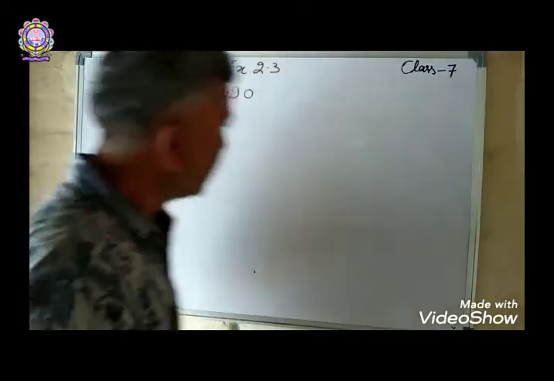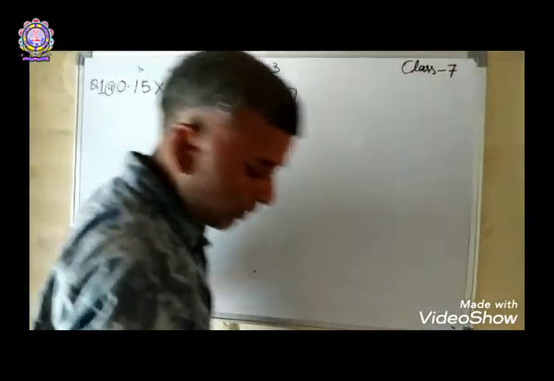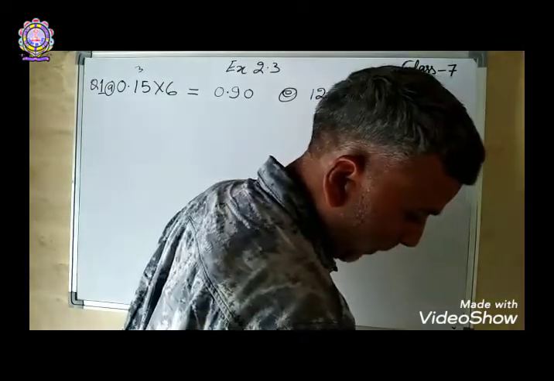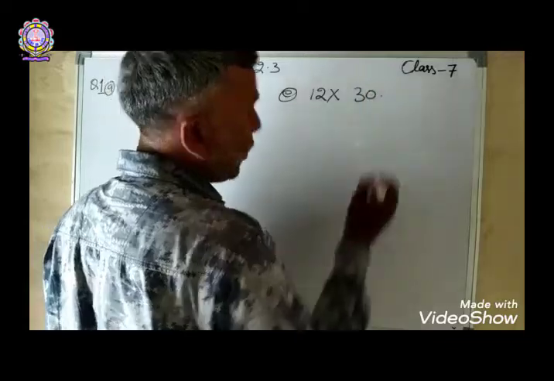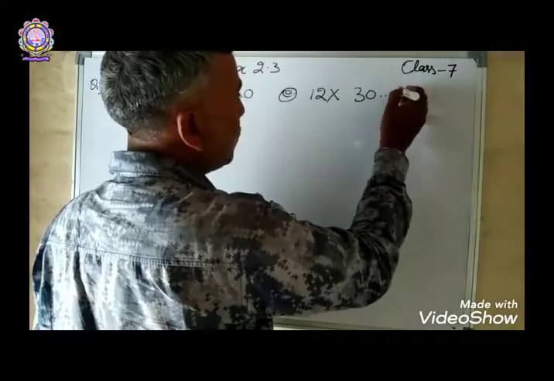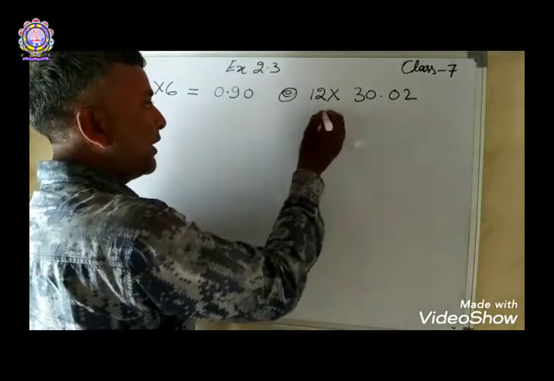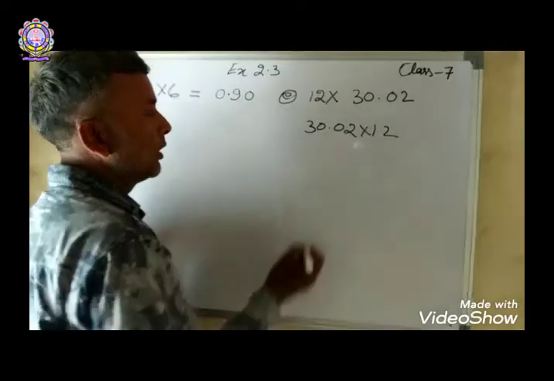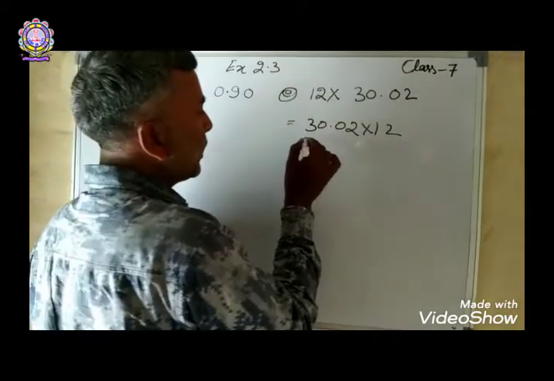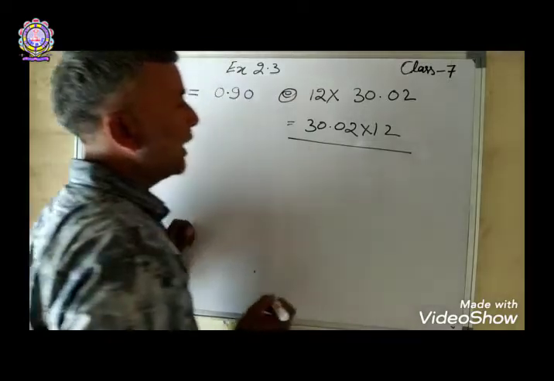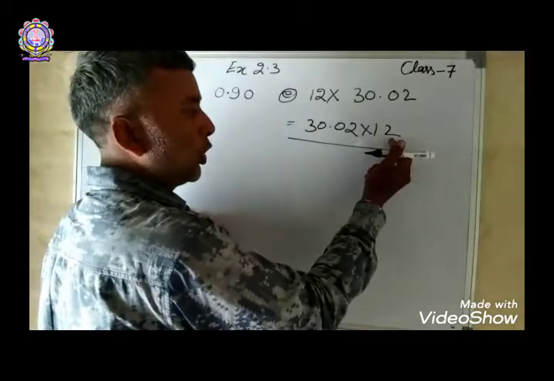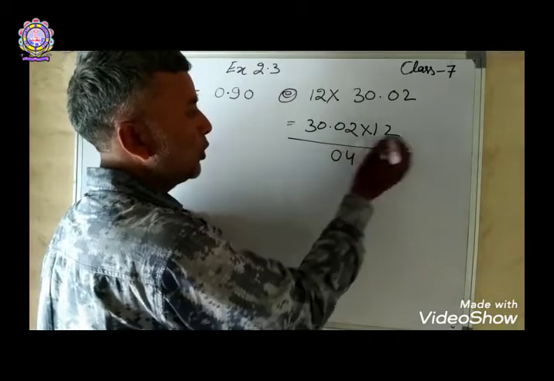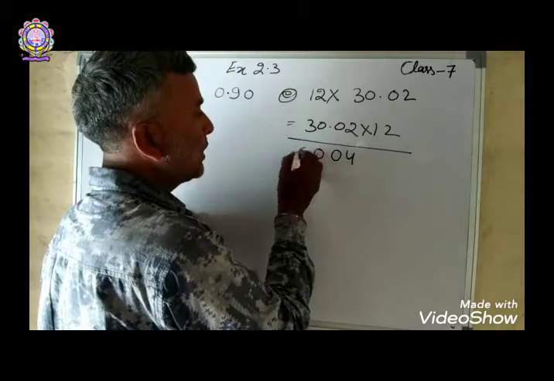And here is the E part. 12 multiplied by 30.02. So we can write also 30.02 multiplied by 12. As usual, first we multiply as whole numbers. 2 2s are 4, and 2 0s are 0, 2 3s are 6.